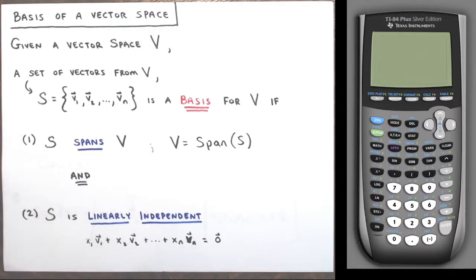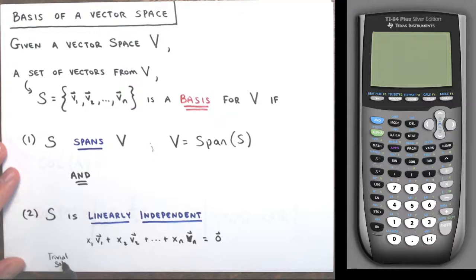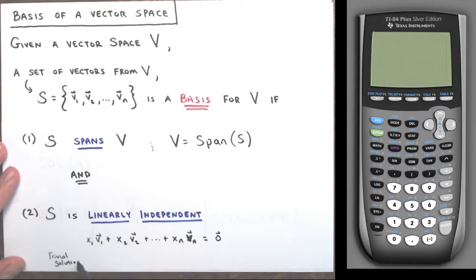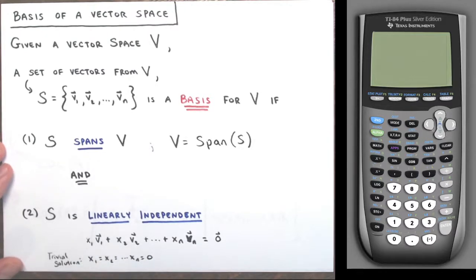Well, the obvious one is when all the scalars are 0. That's just the trivial solution, the simple one, the obvious one. The trivial solution is when every single one of the scalars is simply the number 0. If I take 0 of all the vectors, I'm going to get the 0 vector back.